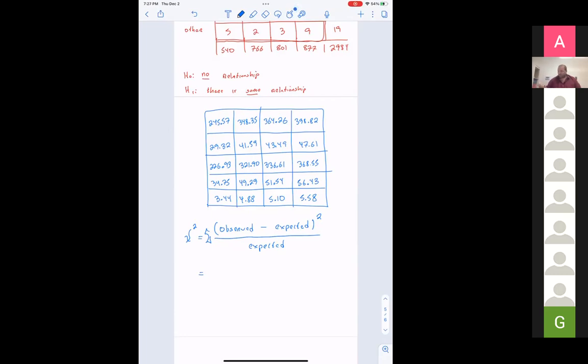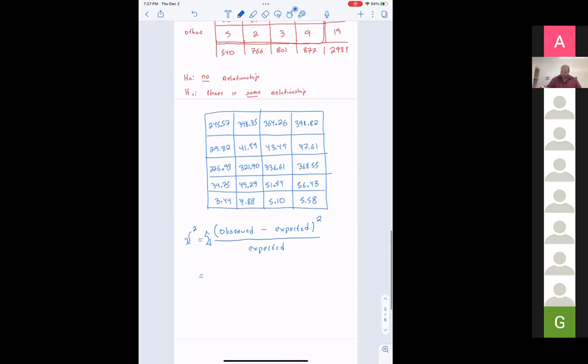Is it 25? I get 25.05. If you got a little off because you rounded, it's essentially the same thing. 25.05.